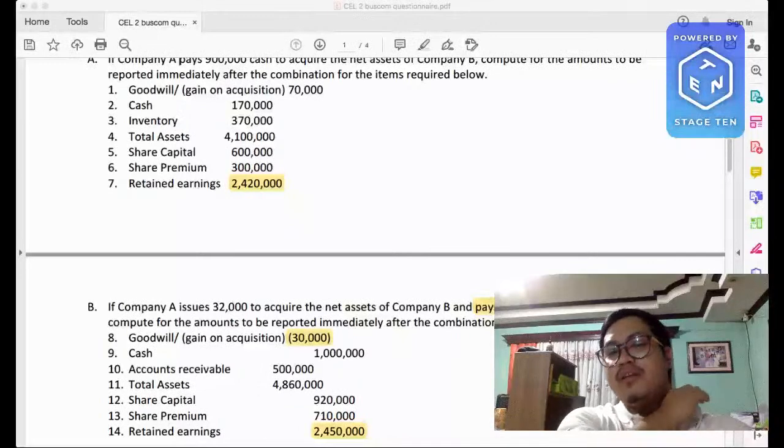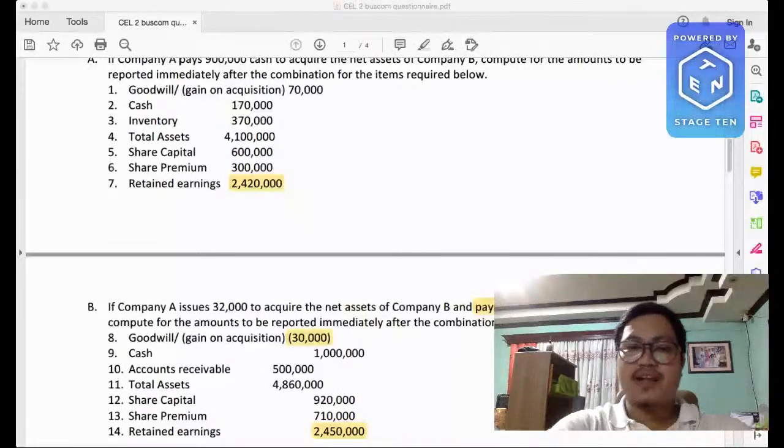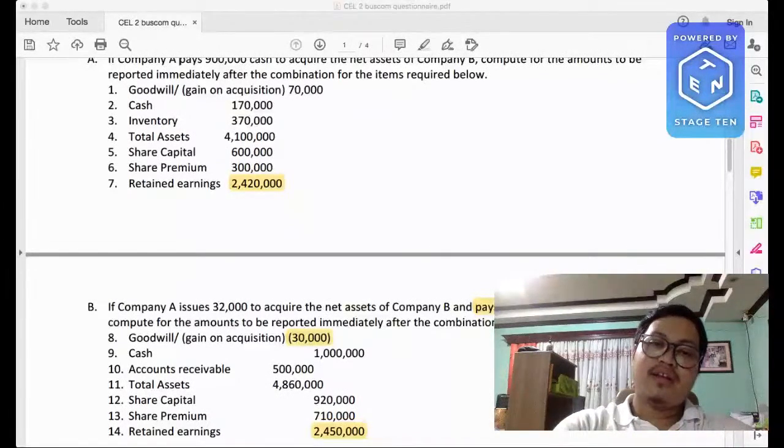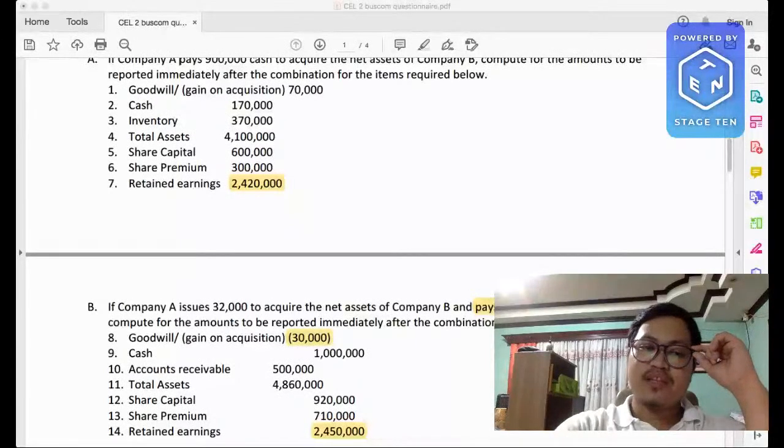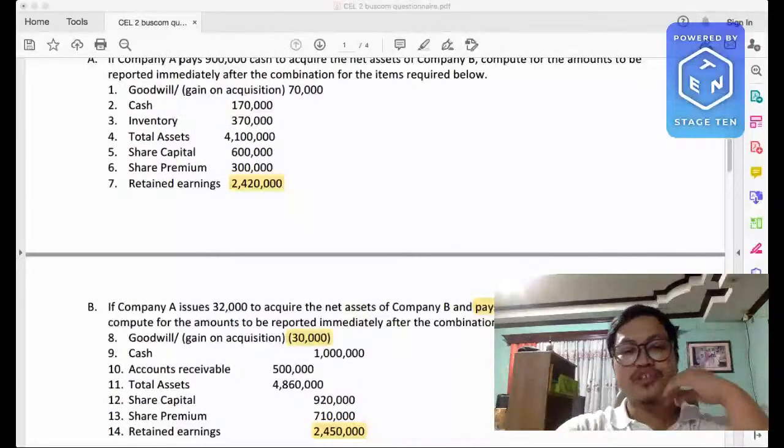Now, in the rare instance that the increase in share premium is not enough to cover the stock issuance cost, the excess over the par is not enough to cover the stock issuance costs, is it possible for you to have a negative share premium? No. That would just mean that you will have additional share premium of zero.